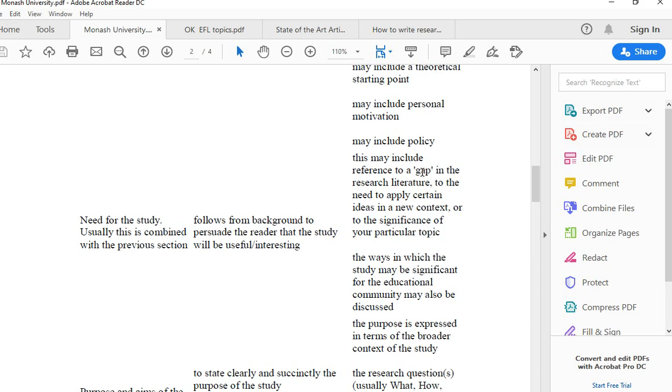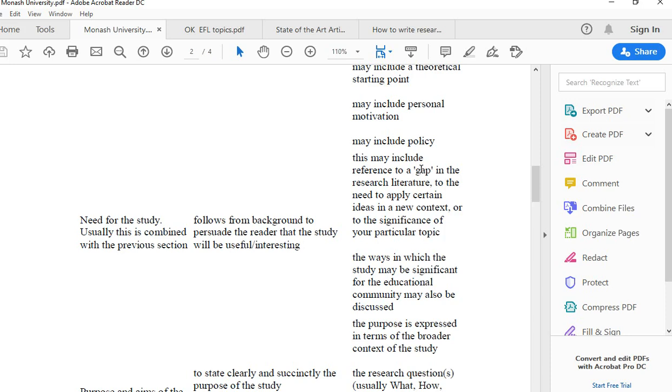So you should say what forced you to do this study, what were the gaps or the problems that you faced in your field of study that forced you to do this research. Is there any scarcity of research in this field? You have to state it in the gap or statement of the problem.